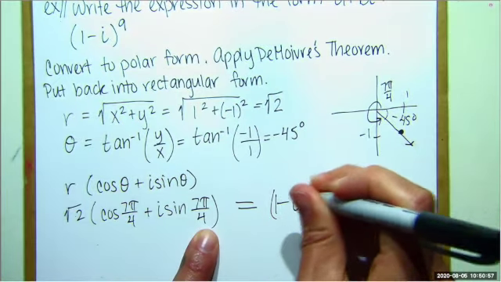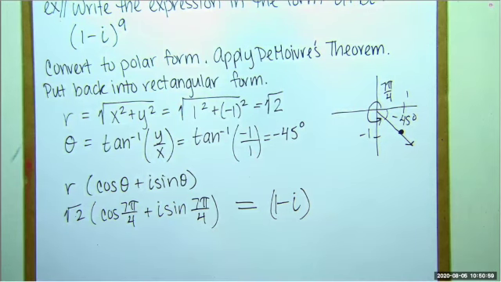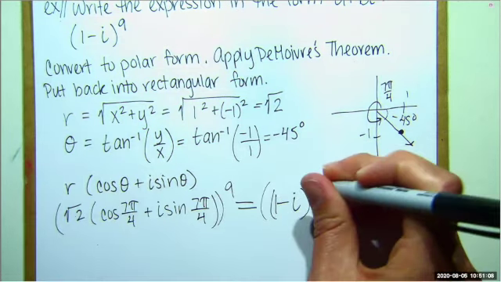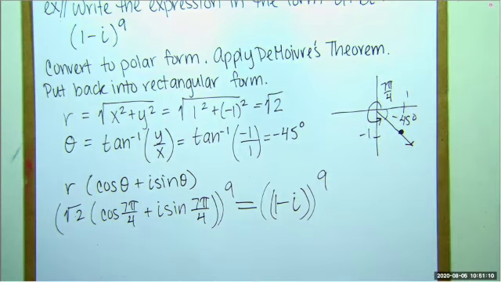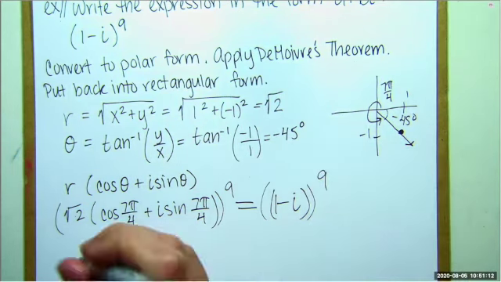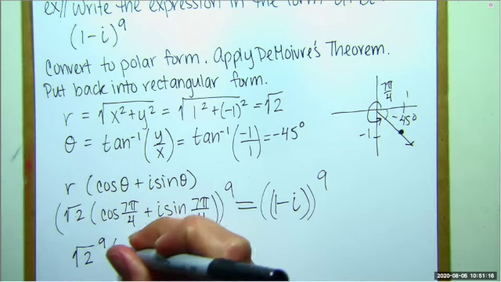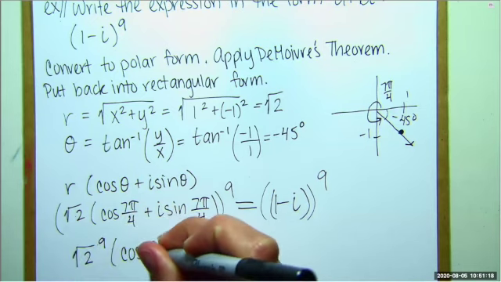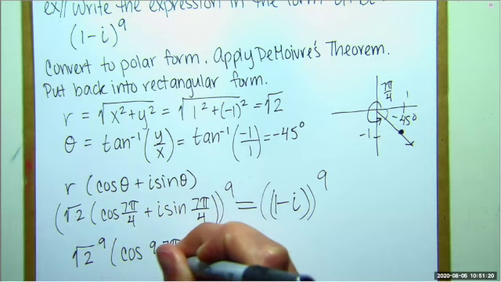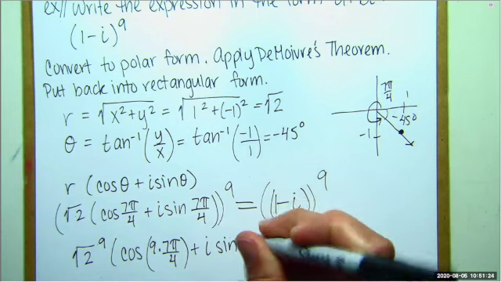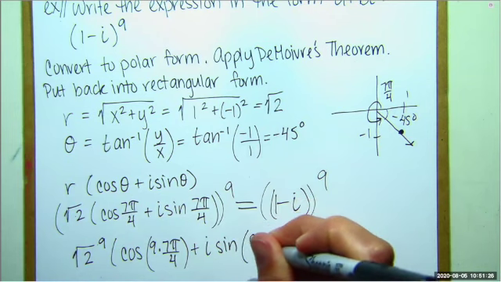Now, our goal is to take this to the 9th. So de Moivre's theorem says that taking this to the 9th, we would get square root 2 to the 9th times cosine of 9 times 7 pi over 4 plus i sine of 9 times 7 pi over 4.